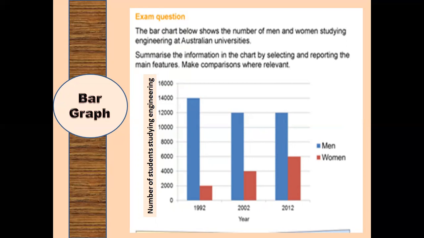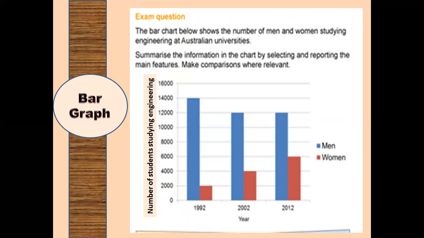But the number of women who are studying engineering is increased relative to 2002. In 2002, it was 4,000, but it has increased to 6,000 in 2012. So this is the analysis that we have done.